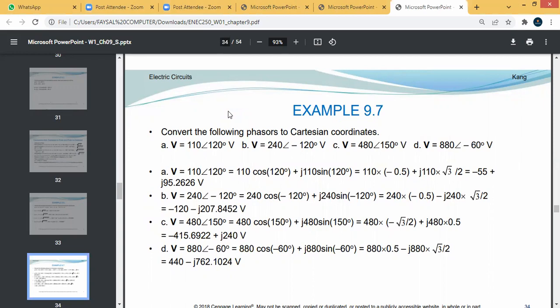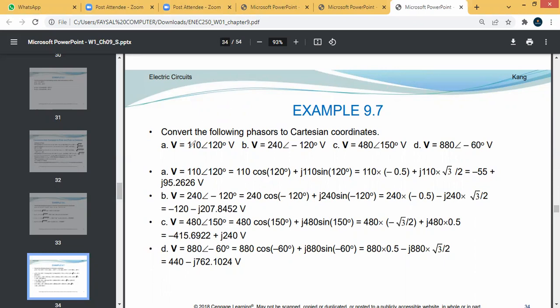As I described earlier, there's a formula to convert these two parts. So in V equals 110 angle 120, the first value 110 is my amplitude value, and 120 is my phase value.